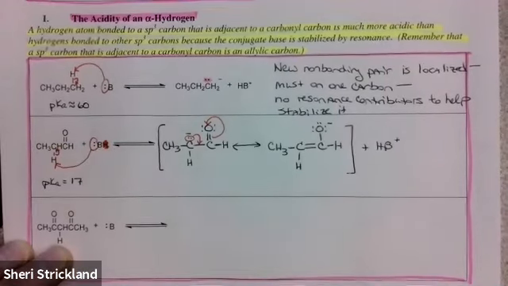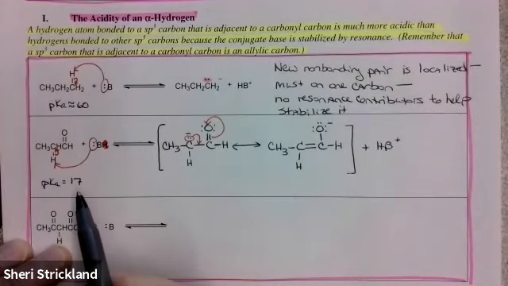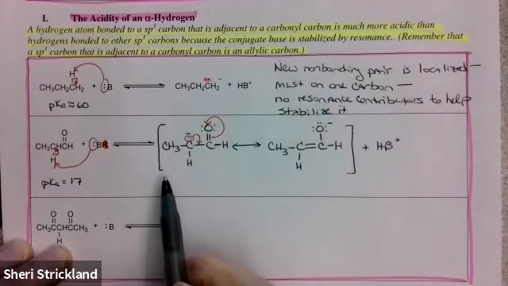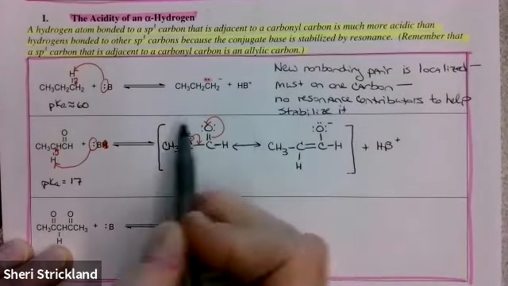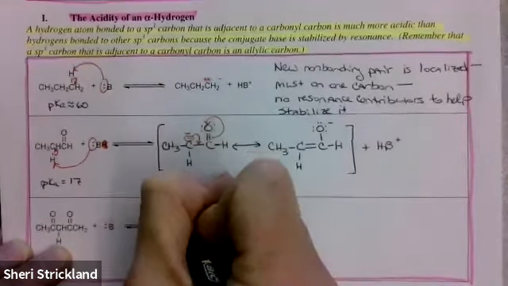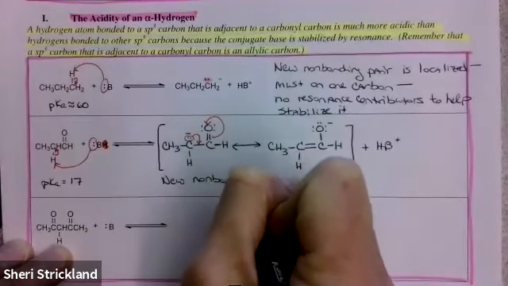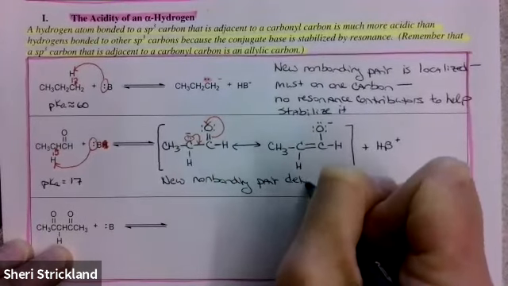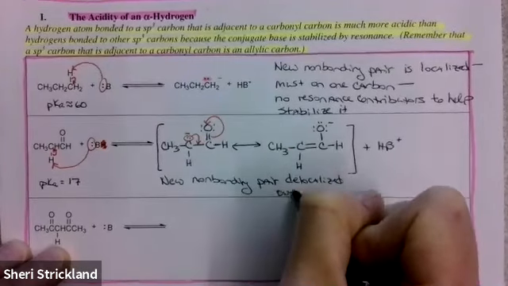That's a lot more acidic than an alkane. In fact, it's 10 to the 43 times more acidic. That means that's crazy much more acidic. So the new non-bonding pair being delocalized is what accounts for this. So now we've got the new non-bonding pair delocalized over 3 atoms.